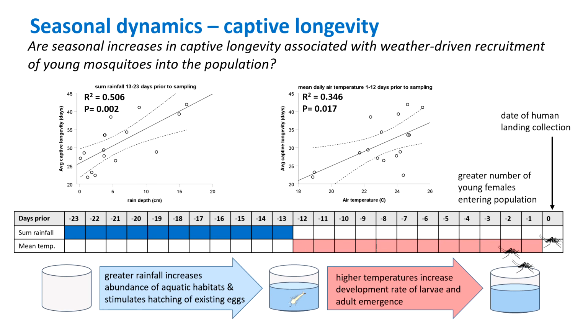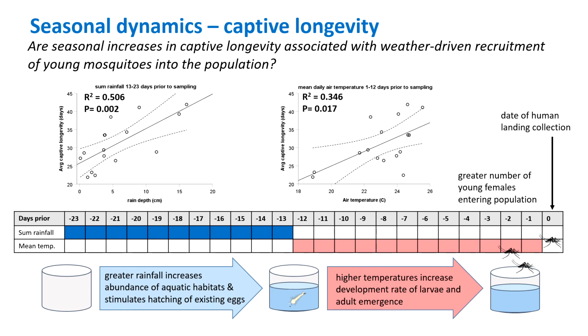So this shows scatter plots for average captive longevity for each of the 18 weekly sampling periods by either the total sum of rain, approximately 2 to 3 weeks prior to sampling, and temperature for a shorter lag, 1 to 12 days before. These roughly correspond with when you would expect them to have an influence on the youngest females that would be emergent or being collected in our landing collections.